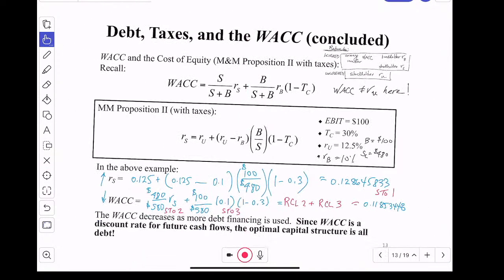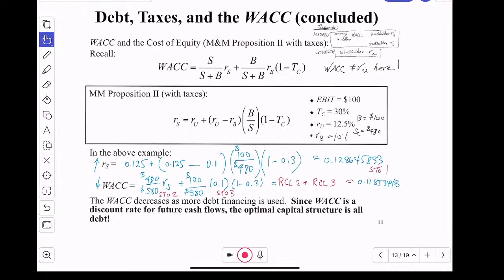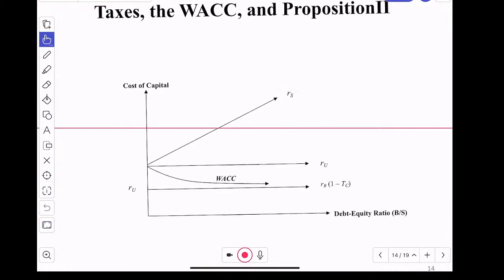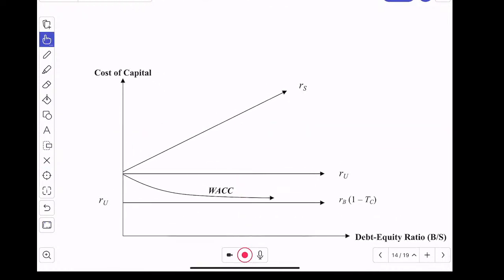Let me make a comment first, and then I'll show you the graph. The WACC decreases as more debt financing is used. Since WACC is a discount rate for future cash flows, the optimal capital structure is all debt. In the limit, it's going to be 100% debt, theoretically, so WACC must just be this.